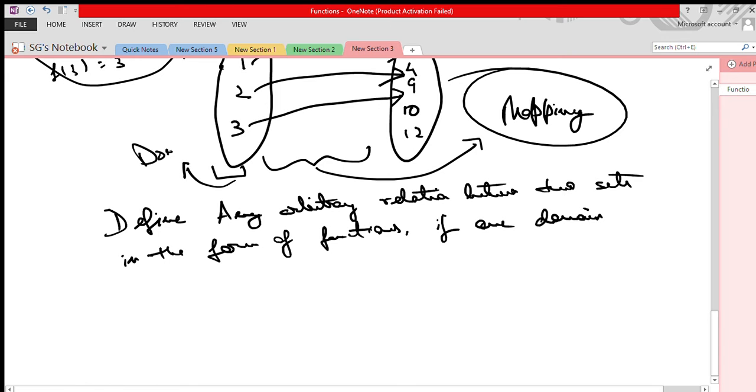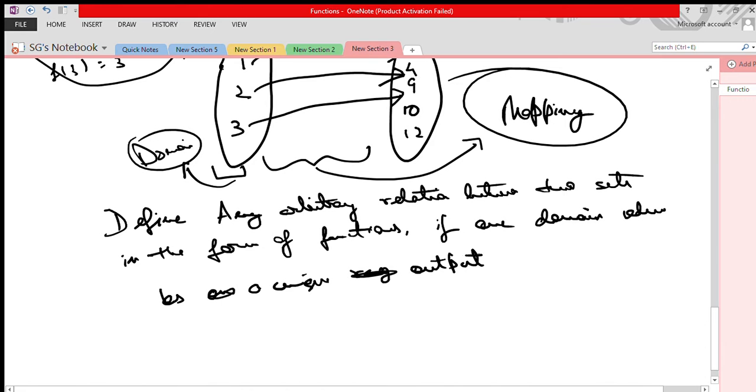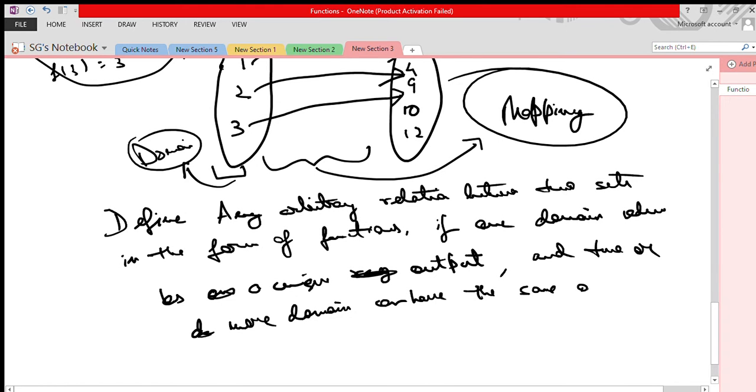This set is called the domain, the elements of which are getting transformed, thus that particular set is called the domain. And two or more domain values can have the same output. Clear? Two or more domains can have the same output.